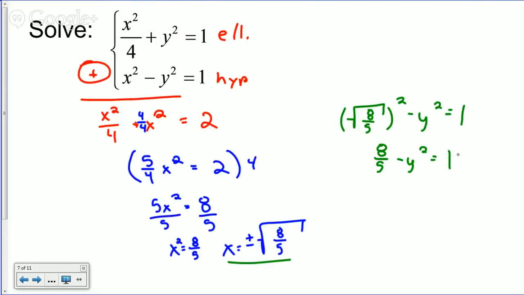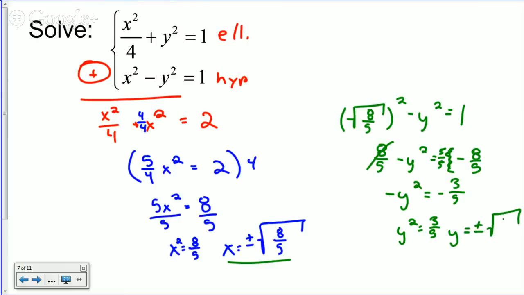So then we'll subtract 8/5. So you have negative y squared equals negative 3/5. It's 5/5. So then y squared equals 3/5, and y equals plus or minus the square root of 3/5.